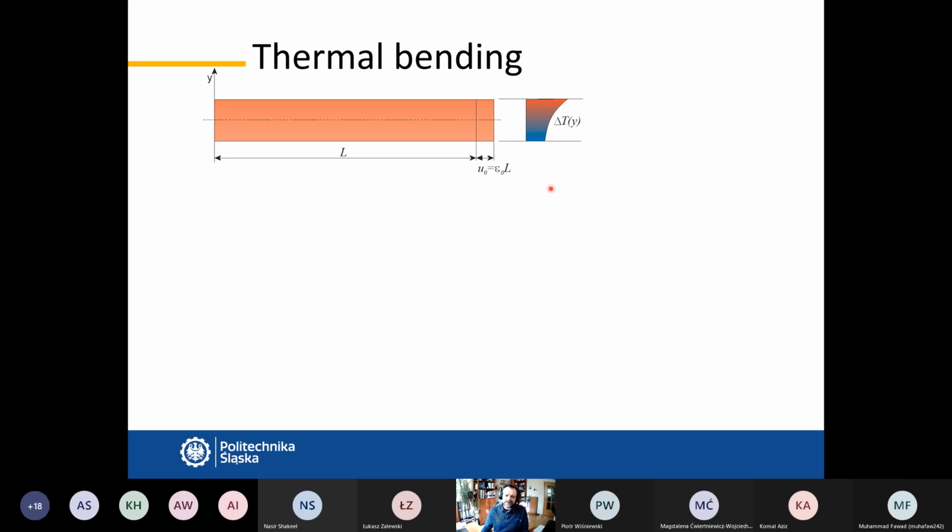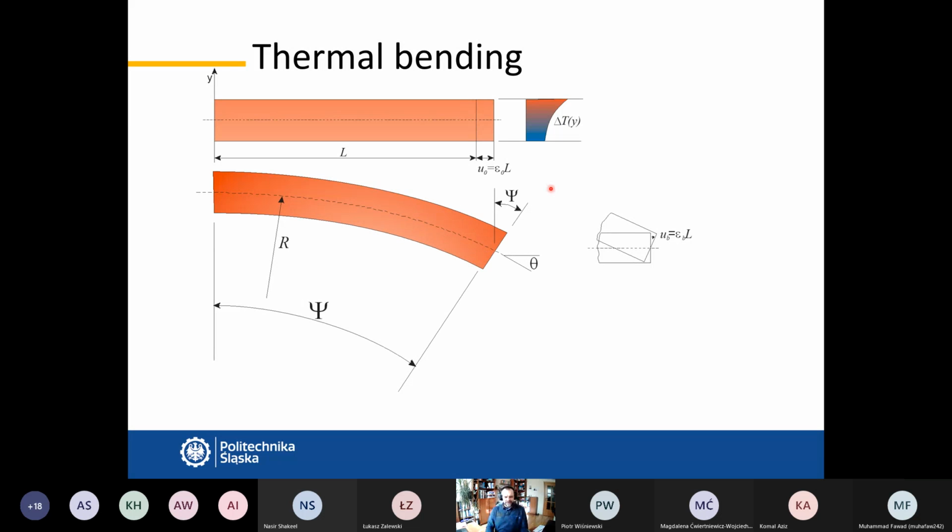So we assume that after the curvature, let's say it's curved like this, each section, previously vertical, is now at some angle, but as it was plane, it is still plane. It is true if the deformations are small, and we are discussing only such cases.